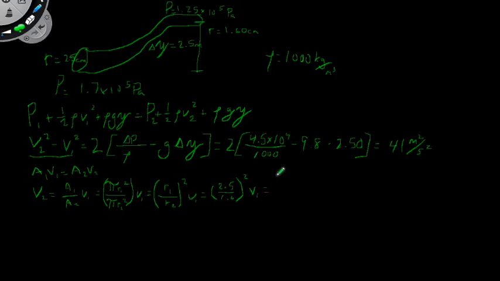And one step further, I get my 6.25 once I square it, over 2.56, and then multiply that times v1. So what I find is my ratio is that v2 is actually going to be 2.44 times greater than v1.